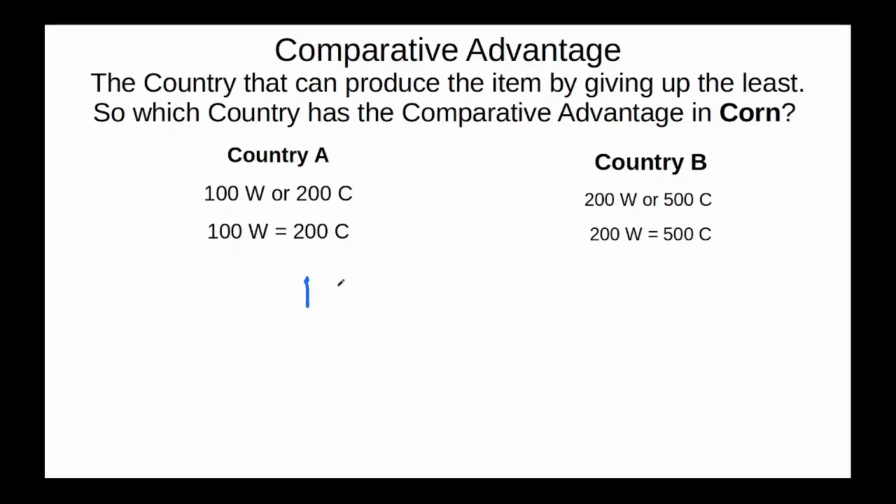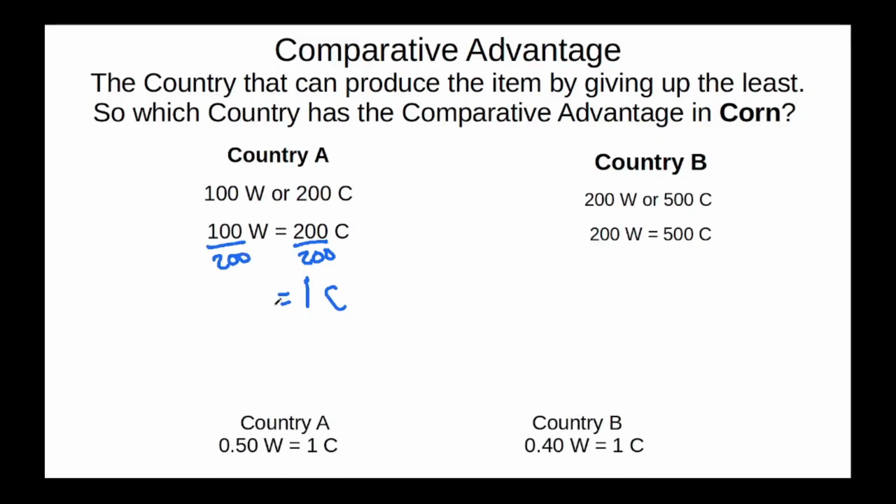corn. We'll get down to 1 item of corn. So to get down to 1, we have to divide both sides by 200. And so 100 divided by 200 is 0.5. The answer showed up a little early down here. But we'll look over here to get one item of corn on this side.